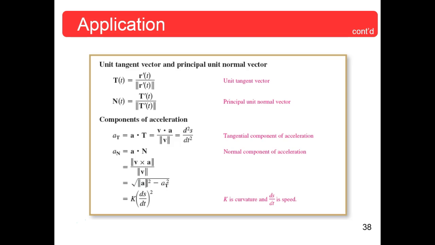All right, now let's go back to the acceleration in the direction of the unit tangent vector. Remember they said that was d²s/dt². That's what they had on the previous slide. One easy way to get that is your acceleration vector dot product with the unit tangent vector.